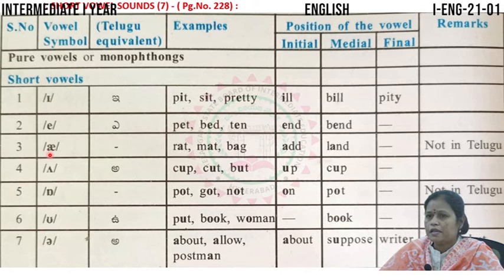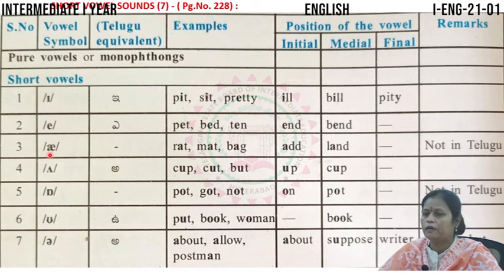Next, this is the ear sound. It is also called a semi-vowel sound, not exactly a vowel or exactly a consonant, and there is no equivalent symbol in Telugu. Let us see: rat, mat, back, as in add, land. The sound is present in Telugu, but the symbol is not there.